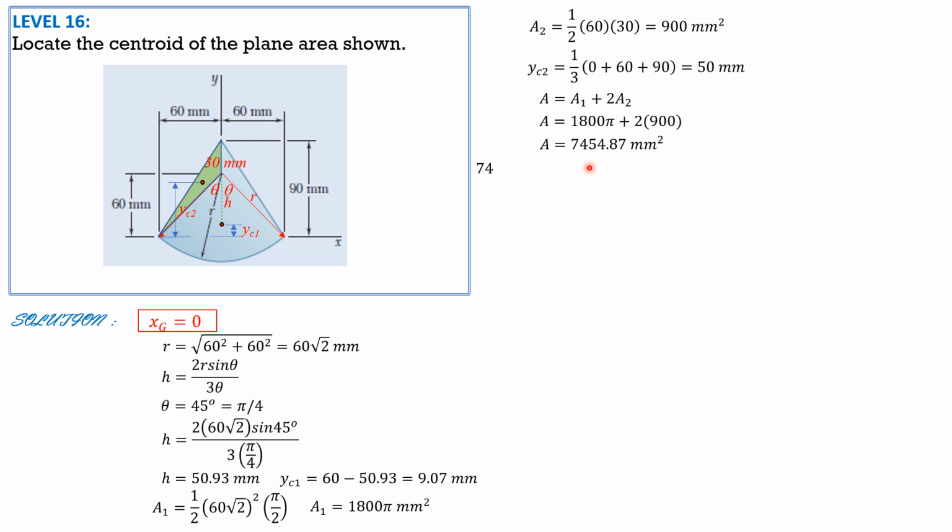Then by Varignon's theorem, 7454.87 Yg equals 1800 pi times 9.07 plus 2 times quantity 900 times 50. So Yg is equal to 18.95 mm. And remember, Xg is 0. So that's it for this problem.